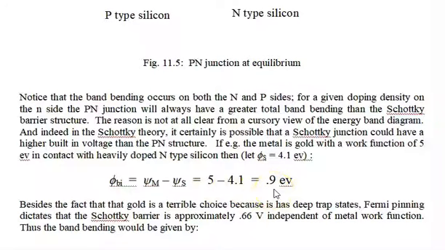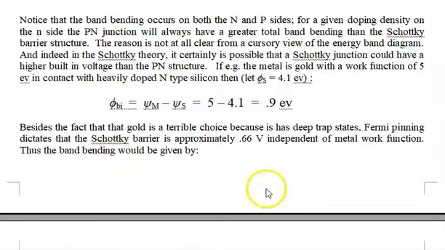That is an extreme case, because we can't use gold and silicon anyway, because gold is a contaminant which has deep traps right in the middle. So this is not realistic. It's just for illustrative purposes. The work function of silicon is 4.1 electron volts.